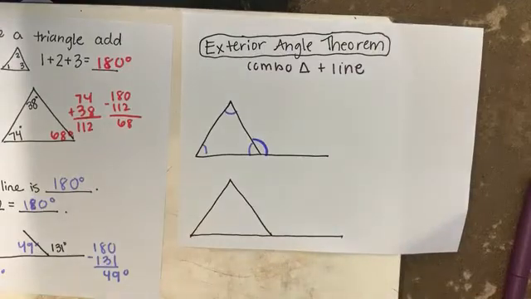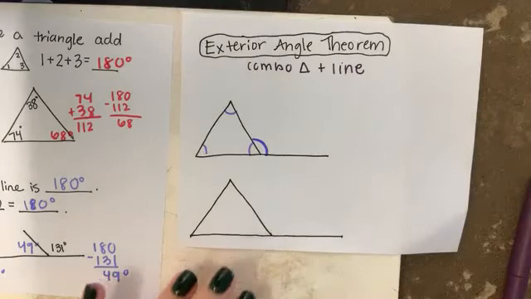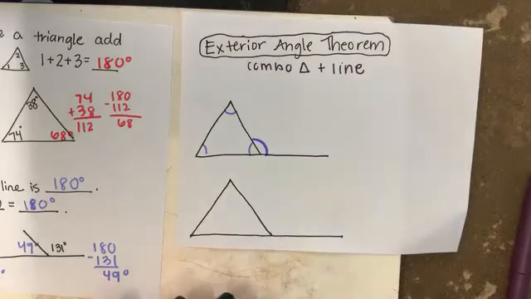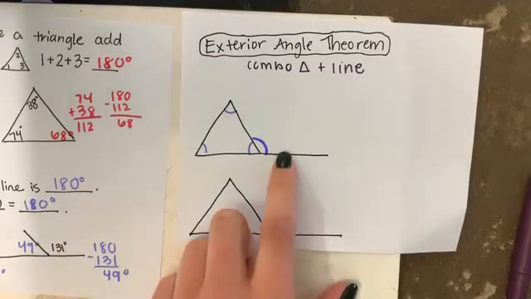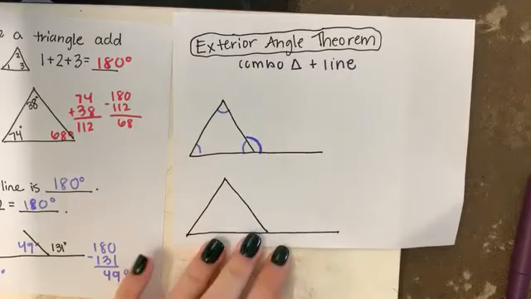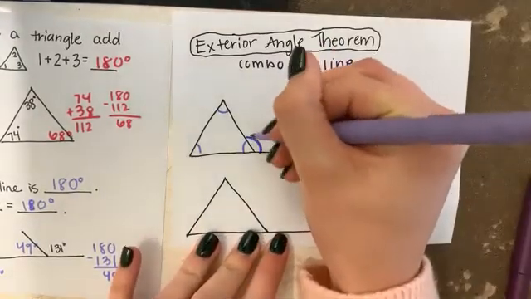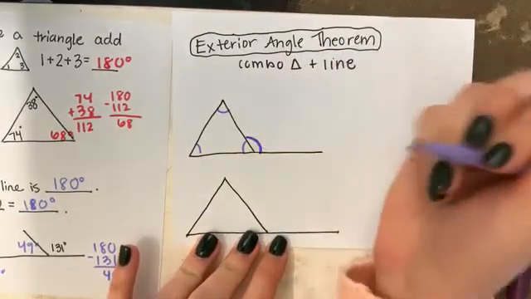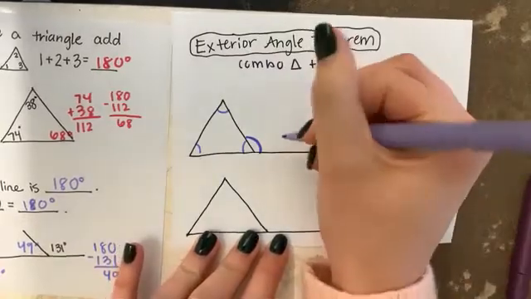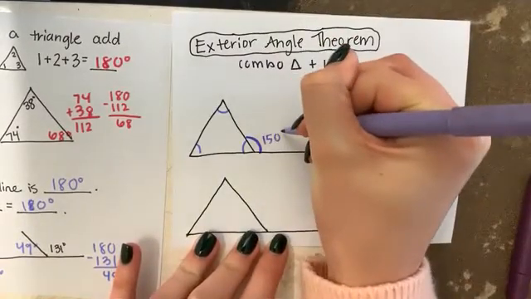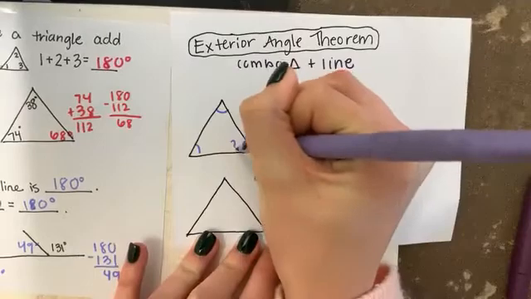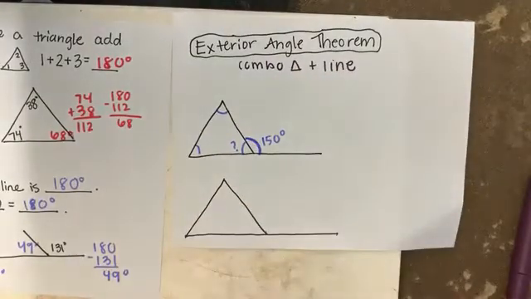So if this angle on the outside of the triangle, this exterior angle, is 150 degrees, what is the angle next to it?